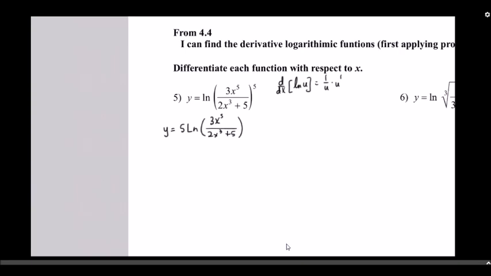And then another property of logarithms states if you're taking the logarithm of a quotient like this, you can separate it into multiple logarithms using subtraction. So y equals 5. Now it's important that you multiply 5 to the whole expansion, so that's why I'm using a parenthesis. So natural log of the numerator minus the natural log of the denominator.